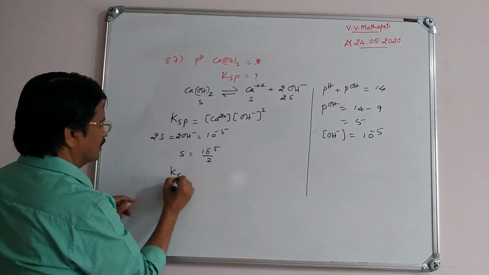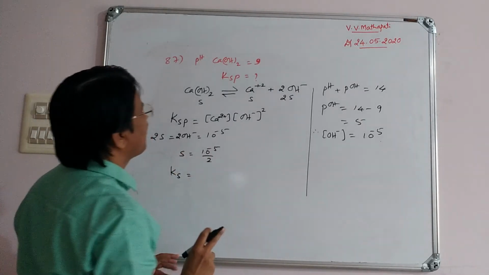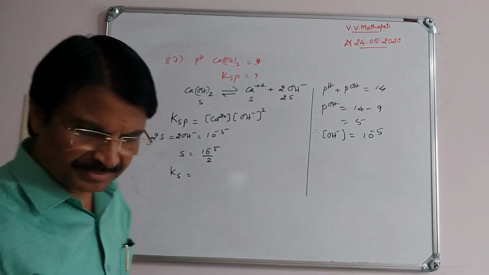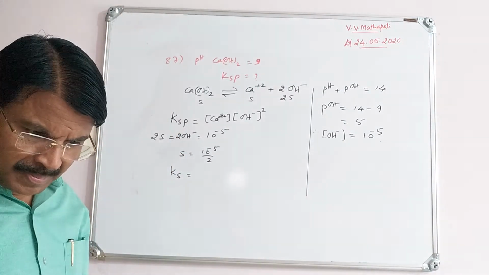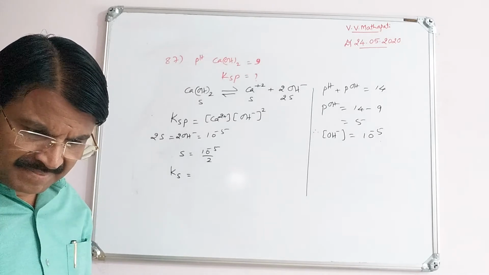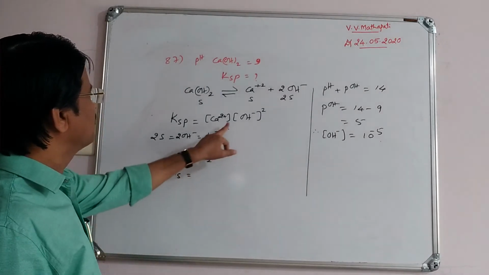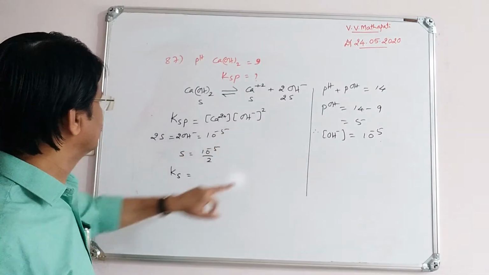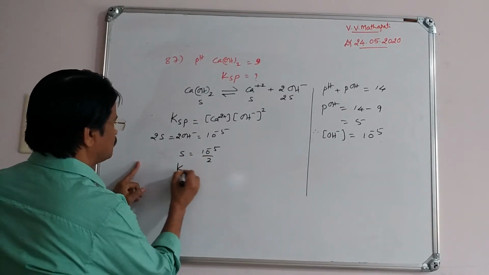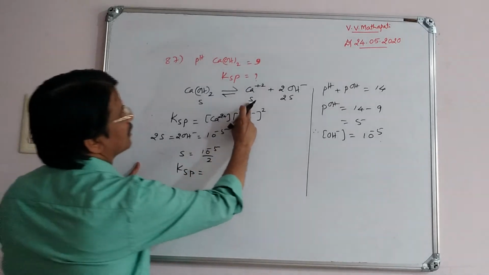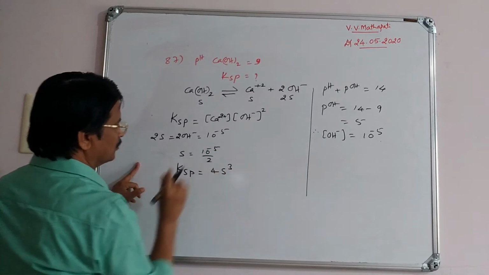Therefore KSP is written as S into 2S square, that is 4S cube.